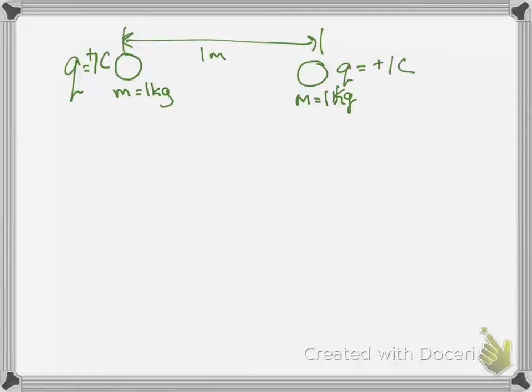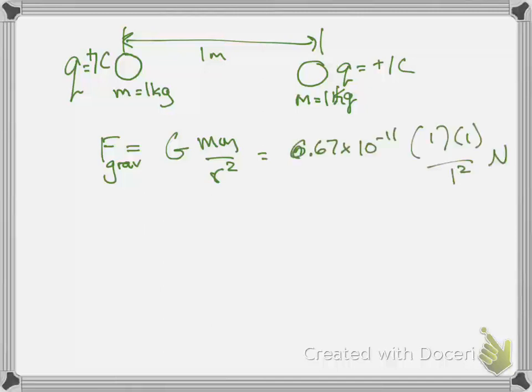And let's ask, what is the magnitude of the gravitational force between these two tennis balls? It's an attractive force, and the magnitude of that gravitational force is G m m over r squared. When you plug in the numbers, everything is one except for the gravitational constant, so you get 6.67 times 10 to the minus 11 newtons.